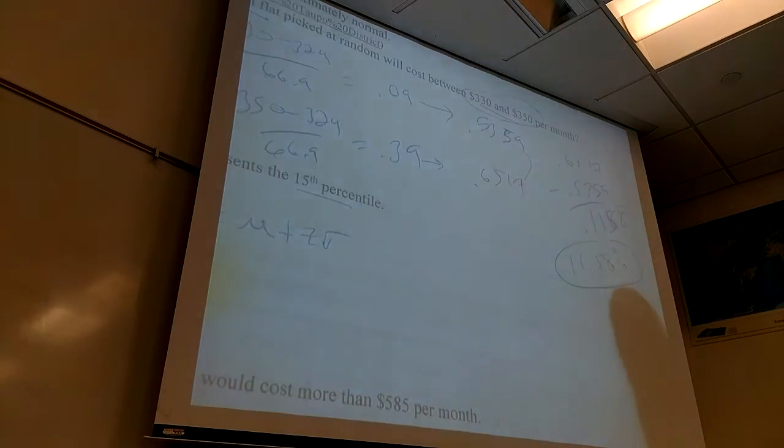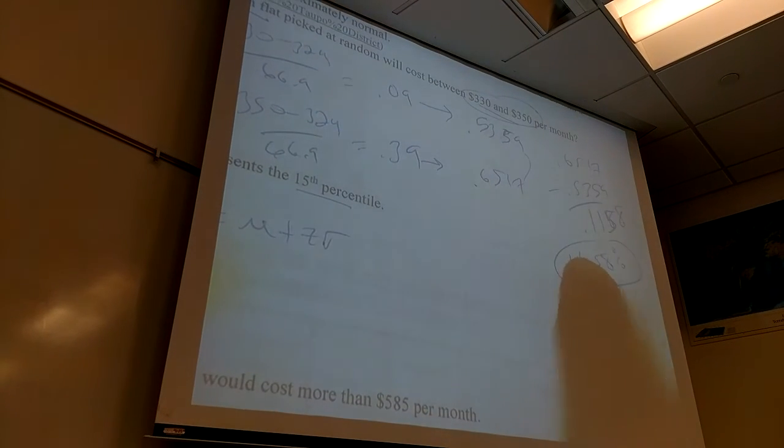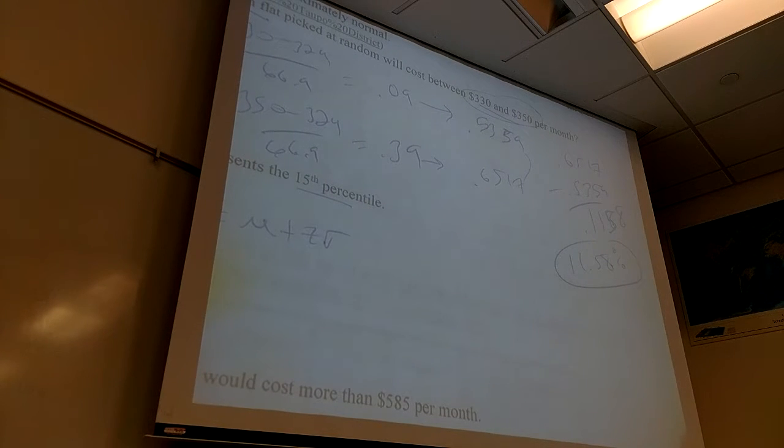Or you can say the probability that I pick one that costs between those 2 is this percentage. The one that's a little bit better is the first way, because it makes a little more physical sense. Saying a probability doesn't make as much physical sense to us as saying that percentage of the flats cost between those prices. I can kind of get an image of that.